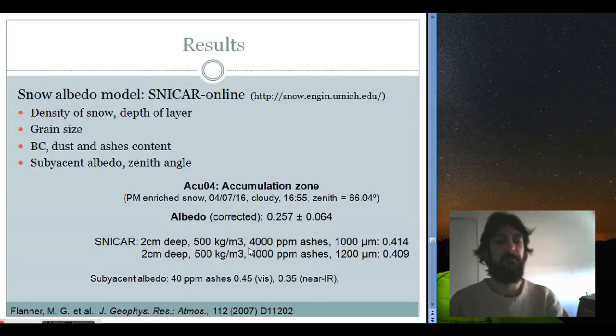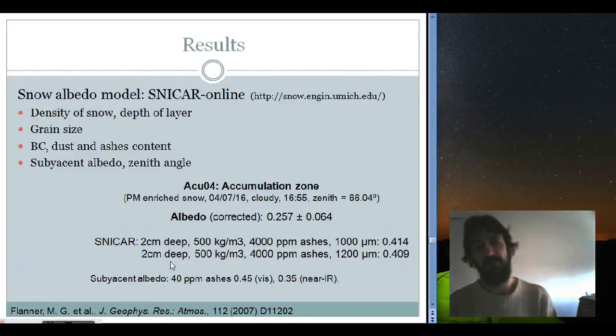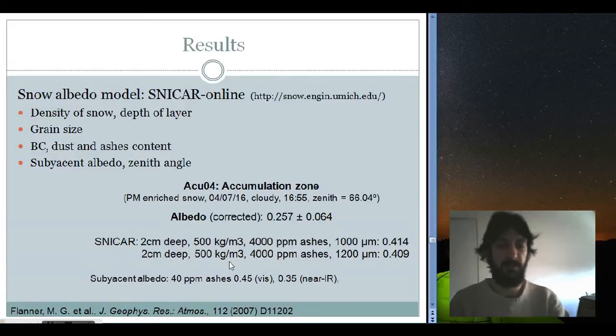There are many uncertainties here. The concentration of ashes is much higher, the concentration of particulate matter. We simulated it as if it were only ashes, but we don't know the chemistry yet, so maybe that can change the results. And also the depth of the layer is very important in this case, as is its density.